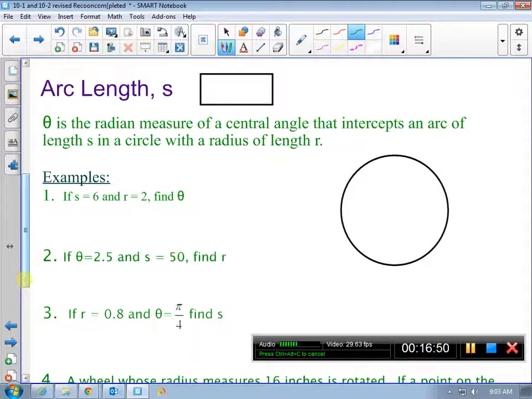So if I cut off an arc of this circle, a circle with a radius r, and a central angle in radians of theta, then this arc has length s. So we have a formula that you'll want to put on your formula page. S equals theta r. Just remember, theta must be in radians.